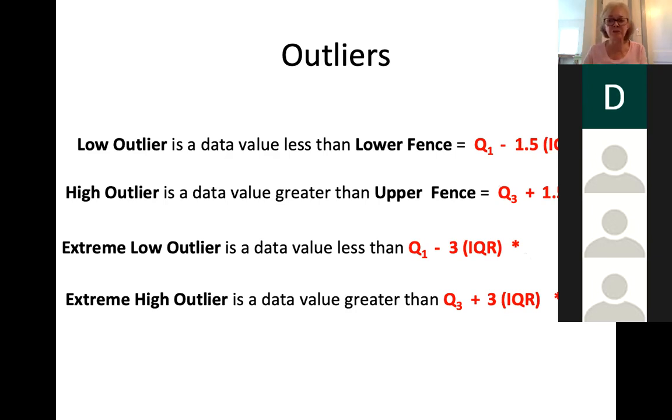They are so extreme that you're going to have a big fat asterisk, not a little dot, to indicate they are extreme. They are 3 IQRs from the boundary values. So I'll send you this PowerPoint because there's a lot to digest, but those are the rules for finding low outliers and high outliers.